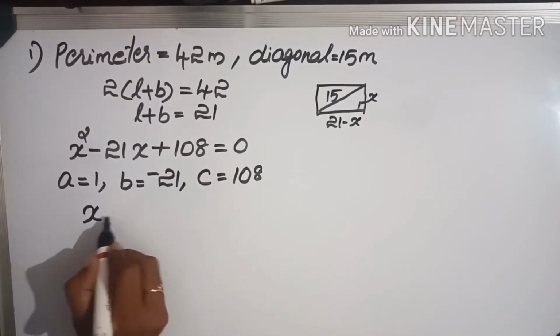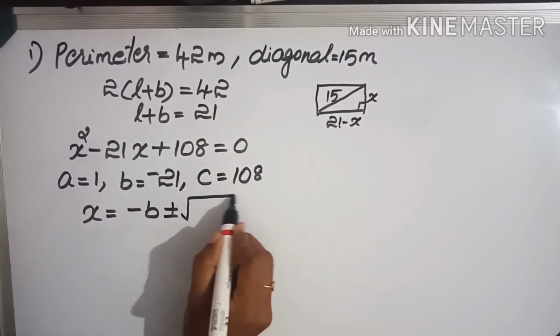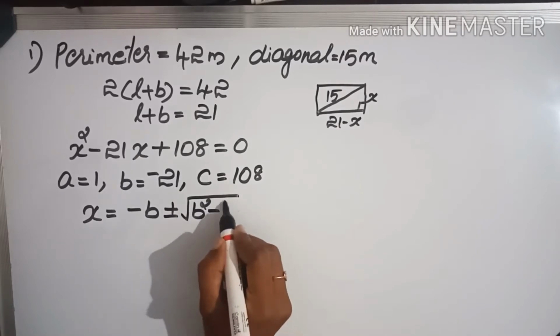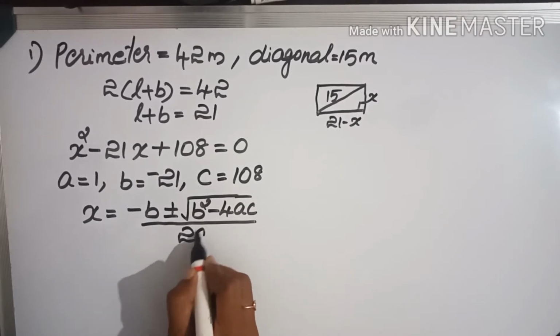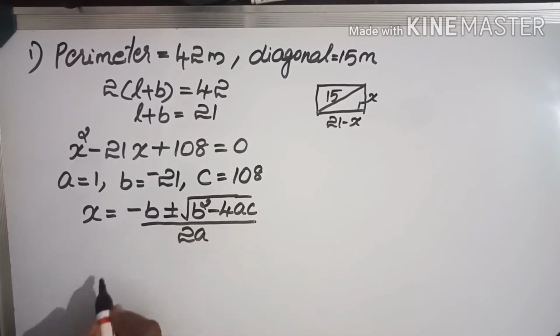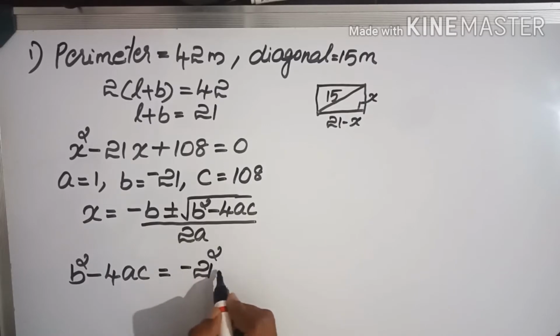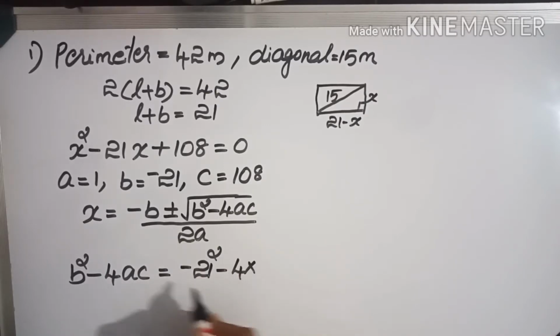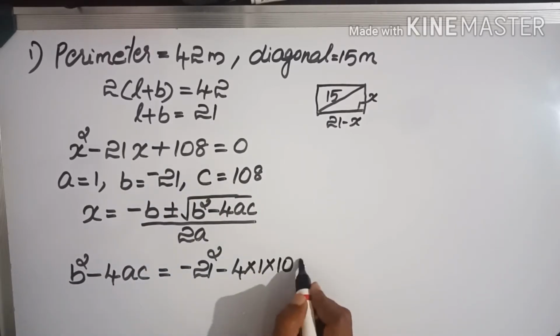Now the formula you have to write: x is equal to minus b plus or minus root of b square minus 4ac, whole divided by 2a. Before applying that, you must find the discriminant, b square minus 4ac. Here b is minus 21. So minus 21 square minus 4 into a, which is 1, into 108.